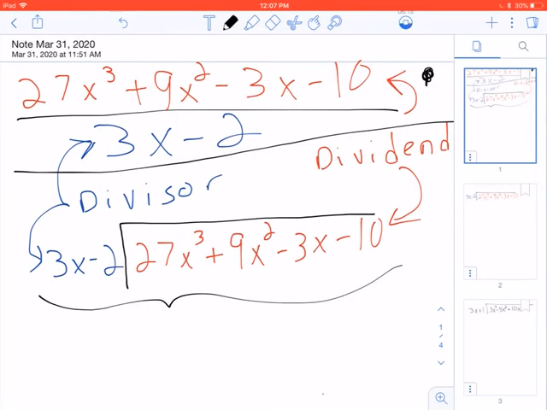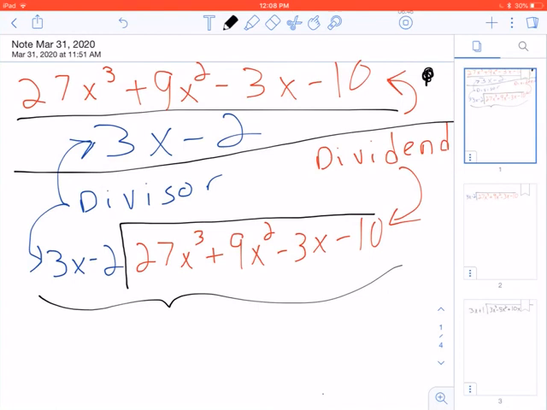What's written in red, both the top and the bottom, is what's known as the dividend, and the piece written in blue is what's known as the divisor. The dividend is the number or expression that is being divided, and the divisor is the number or expression that is actually doing the dividing.